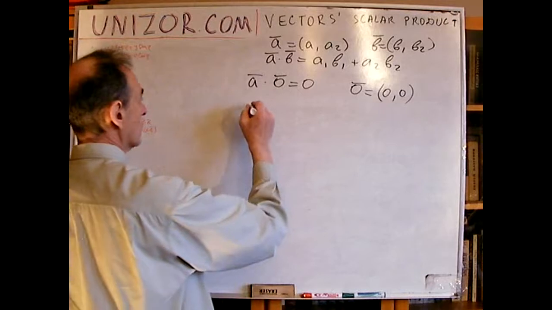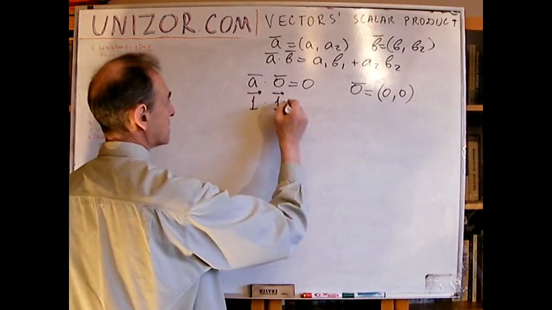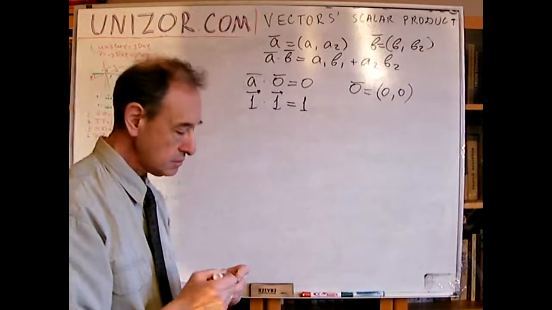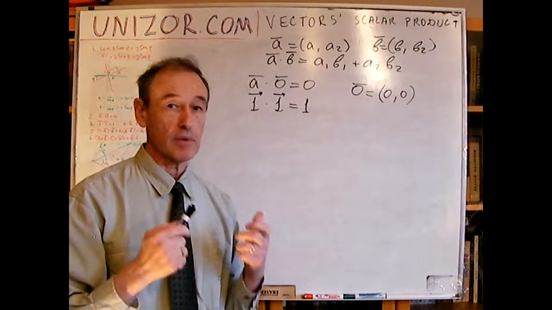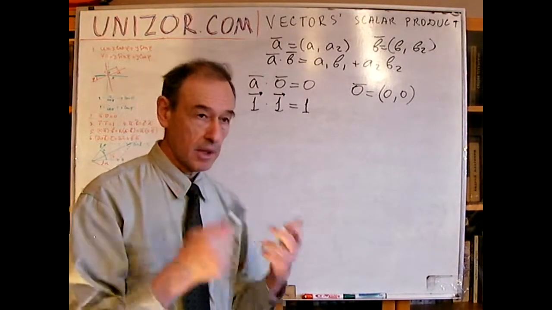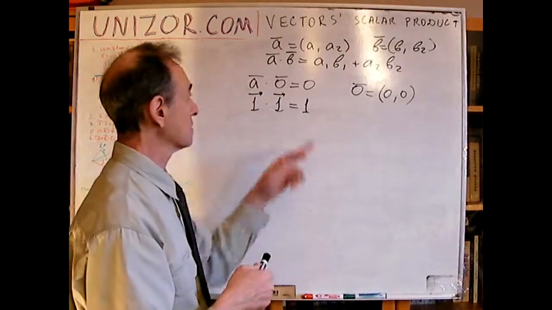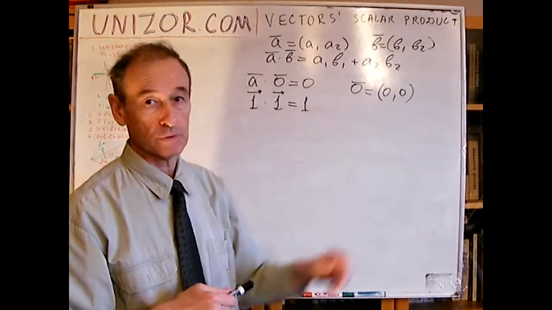Now the third rule is that unit vector multiplied by itself should give the result of 1. Well, we are talking about unit vector multiplied scalarly, multiplied by itself, right? Which means that a1, a2 is exactly the same as b1, b2, right?